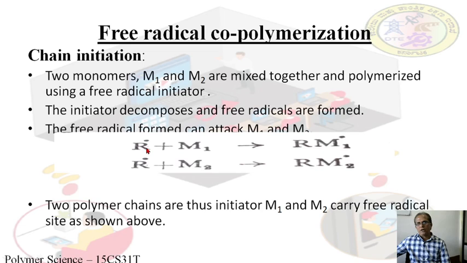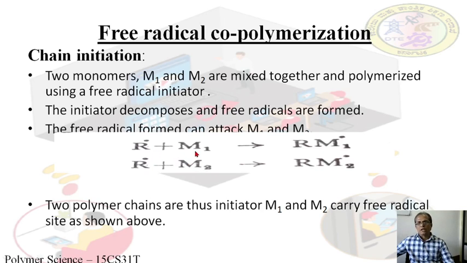Now R dot, these are the free radicals formed by the homolytic decomposition. One free radical will attack one of the monomeric units, say M1 type. Similarly, another free radical is going to react with another type of monomeric unit, that is M2.